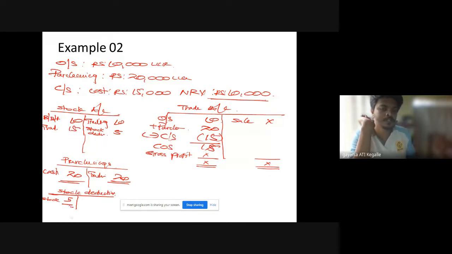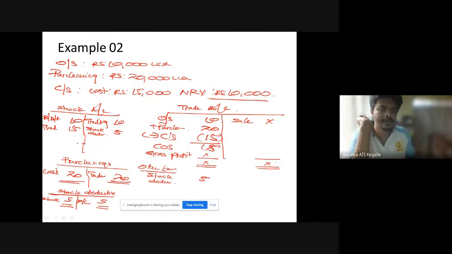This amount we should record as an expense in the profit and loss account. Other expenses: stock deductions 5.